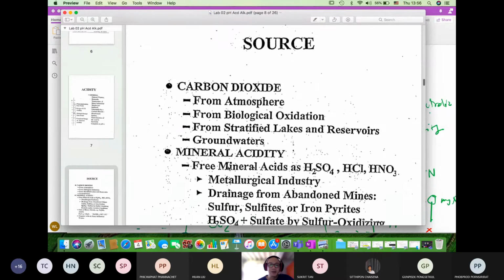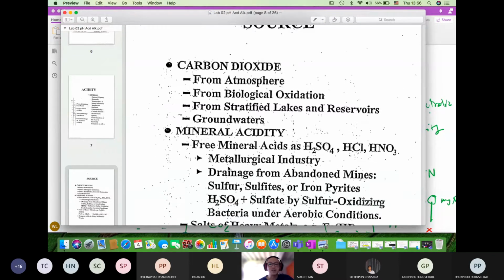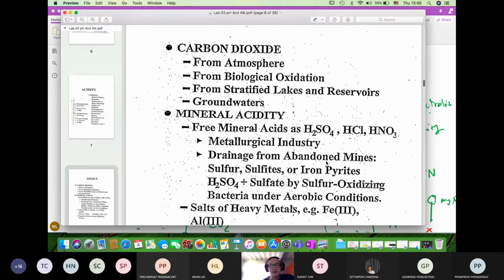The leaching liquids normally contain a significant amount of strong acids or hydrogen ions, so that the pH of the acid mine drainage normally goes very low, 1 or 2, even below pH 4. So this is acidity caused by the hydrogen ion.